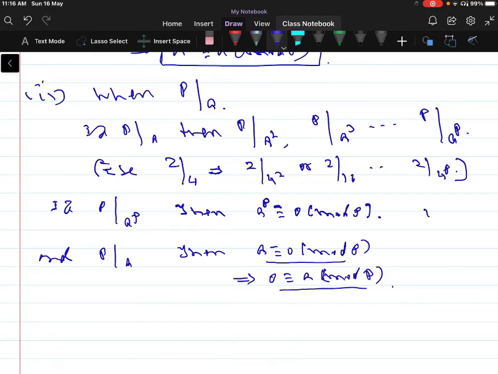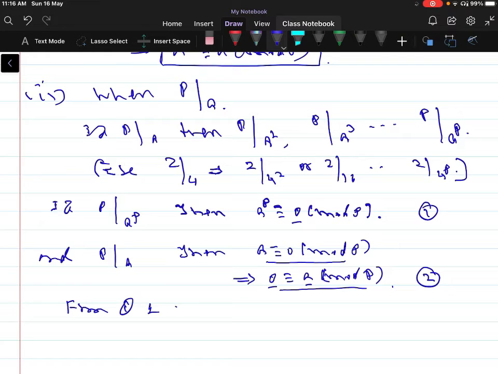So this is equation number 1, and this is equation 2. If a to the power p is congruent to 0 modulo p, then 0 is congruent to a modulo p. Here 0 is common, therefore by using the transitive relation, from equations 1 and 2 you can write a to the power p is congruent to a modulo p.